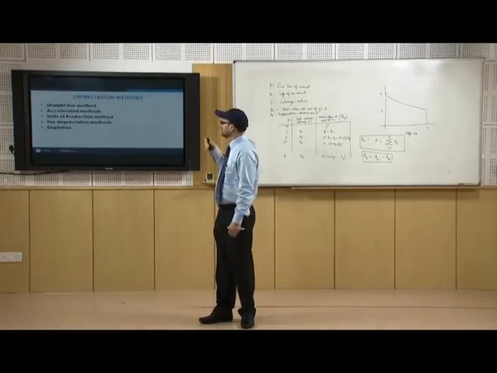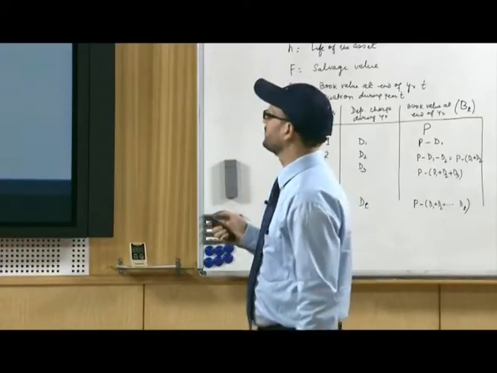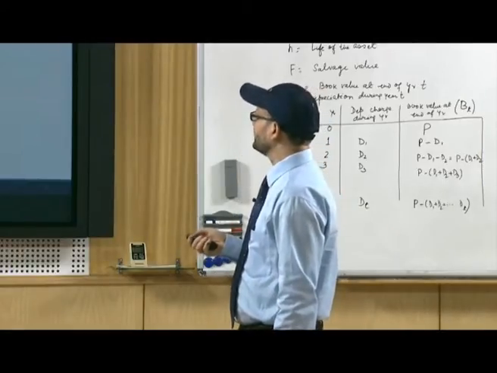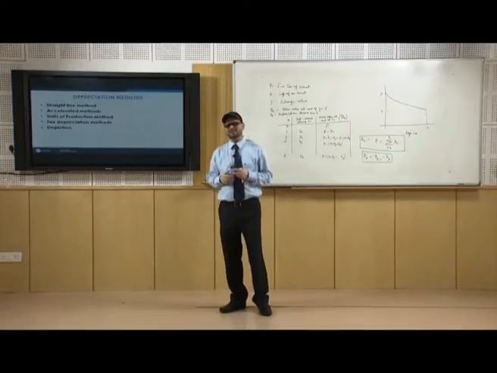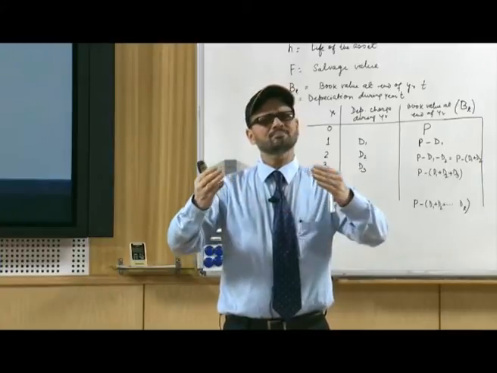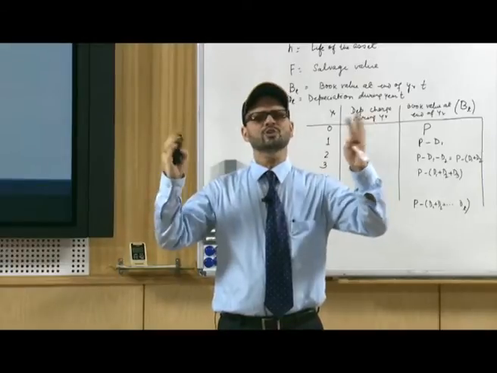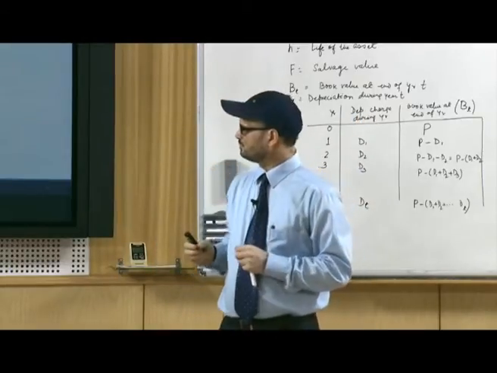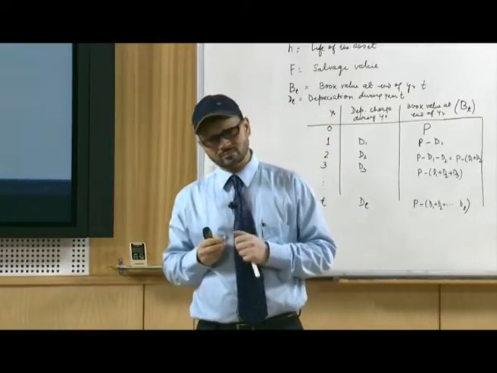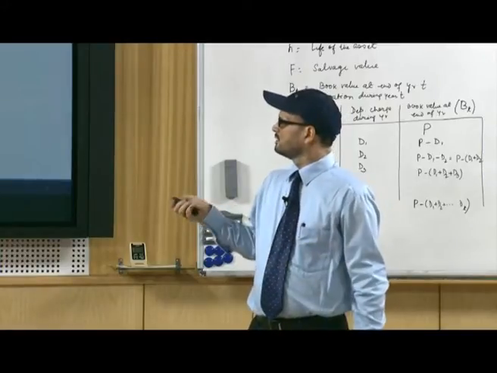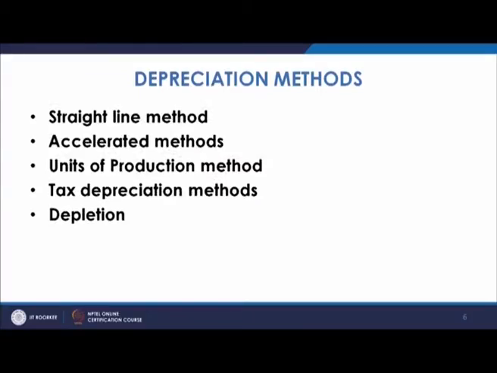In that, there is another method known as the sum of years digit method, which is also one of the accelerated methods. Another method is the units of production method. Many a time, a machine which has come to the investor has a certain capacity to produce. Suppose it has the capacity to produce 3 lakh units over its life of 5 years. Now, the depreciation will depend upon how much you are using that machine.